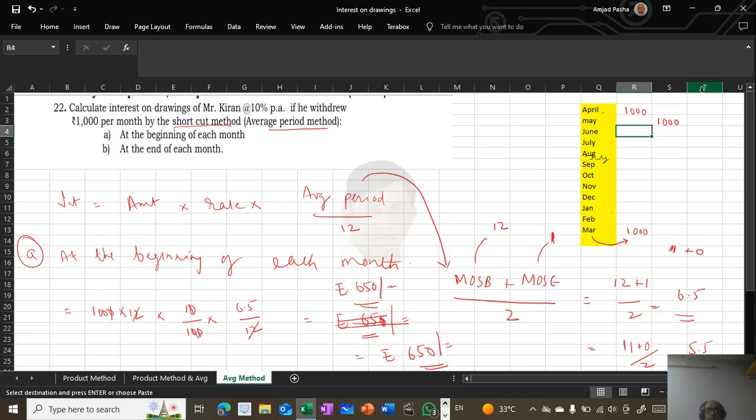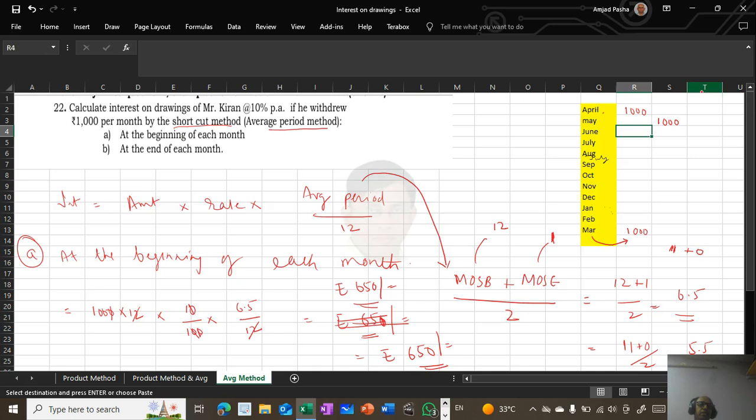Very important. So understand this concept. Maybe you take some time, and be sure you understand this concept. When a person is withdrawing at the end of each month, if he is withdrawing at the end of April, he will not pay interest for the month of April, but he will start paying interest from May onwards. So May onwards at the beginning means 11 months. For May to March, leaving 1 month, it is 11 months he will pay interest.